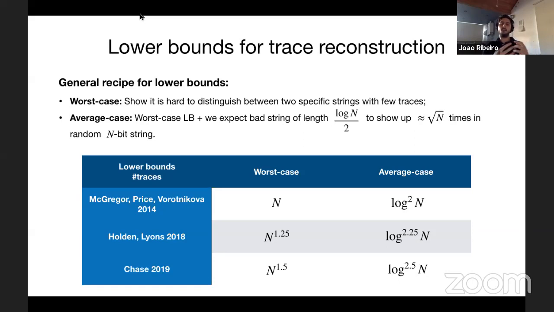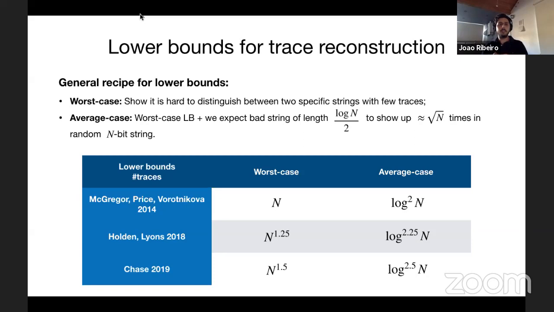But since now your bad strings have length roughly logarithmic, you go from a poly n lower bound to a poly log n lower bound. This is why there's this shift from worst case to average case. Any questions?